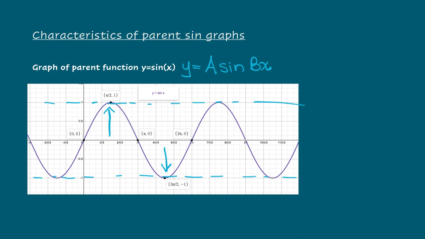So that means my amplitude in this case, and this is for any graph of the parent function y equals sine x, my amplitude for y equals sine x is always going to be equal to 1. So that's going to be a. A is going to be equal to 1.